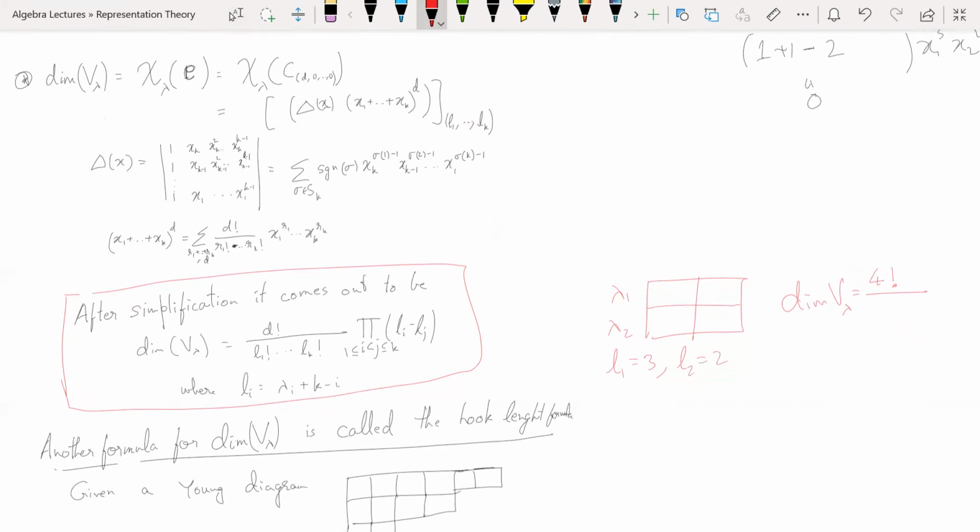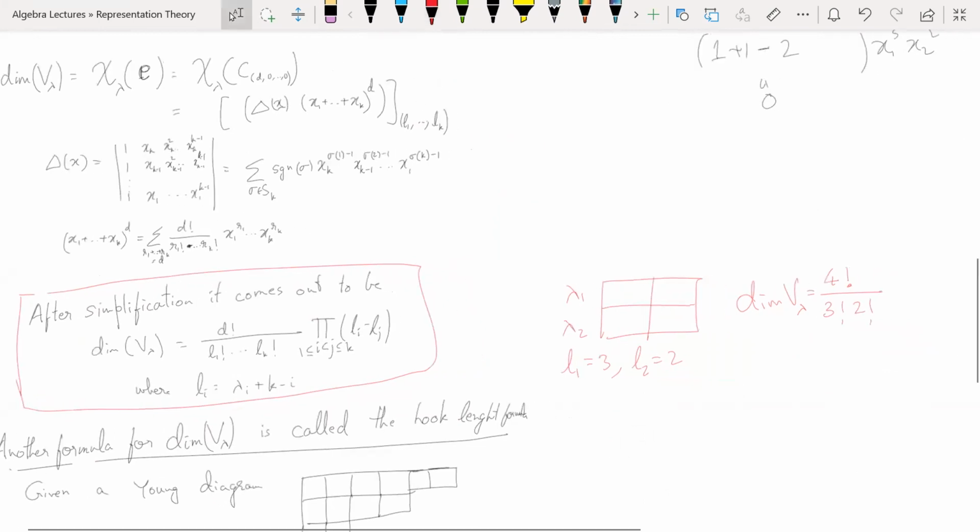Okay, so you have to put 3 factorial here, and 2 factorial here, and of course the product of these things, but here there are only 2 terms, so it's 3 minus 2, which is 1.